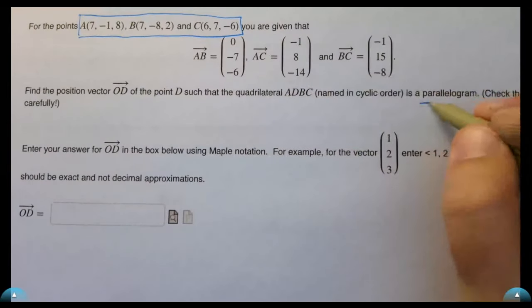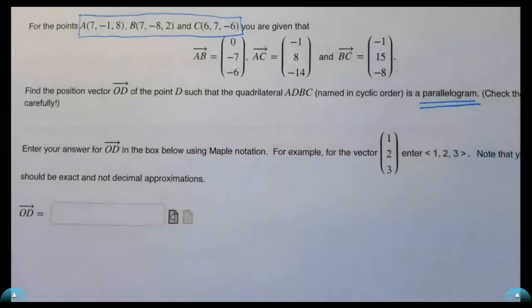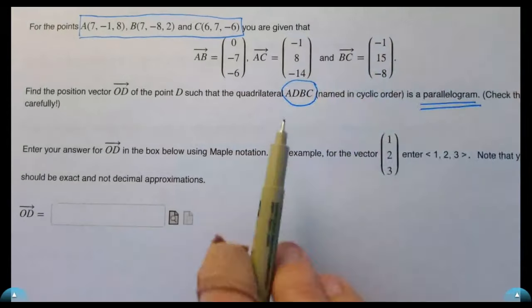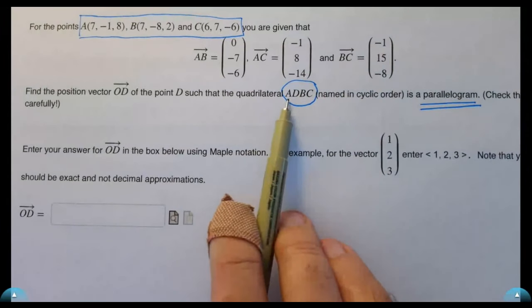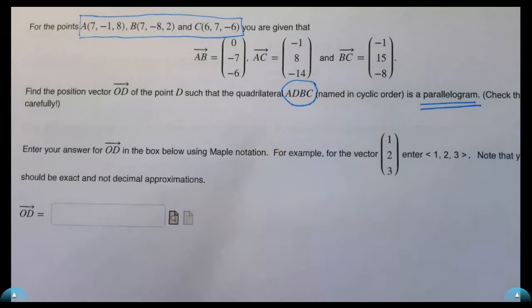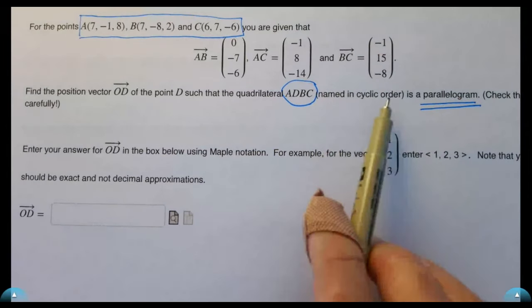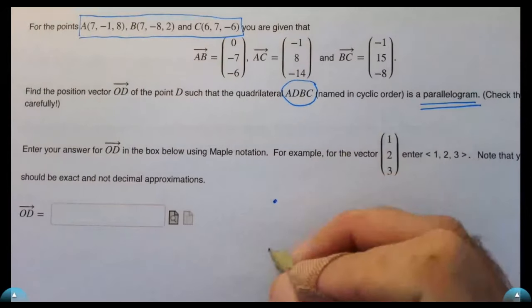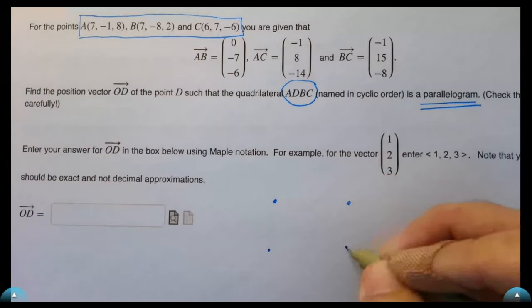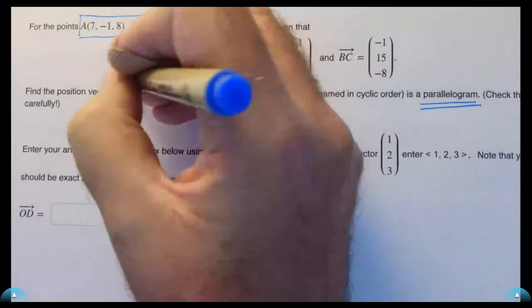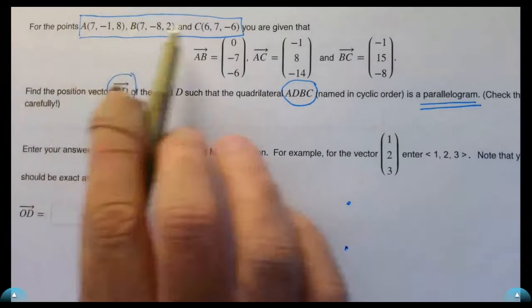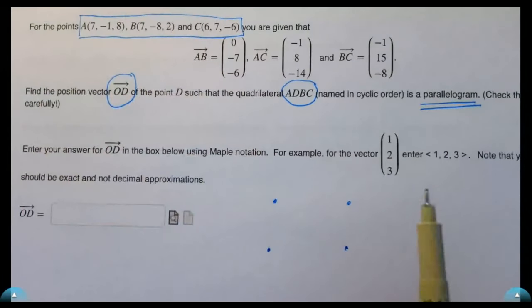You're told the initial data is that you've got a shape formed by 4 points, A, D, B, C, in the cyclic order, such that you have a parallelogram. So I'm going to draw a model, and you're asked to compute the position vector of this 4th point D. You have 3 of the points, but they're asking you for the 4th point.